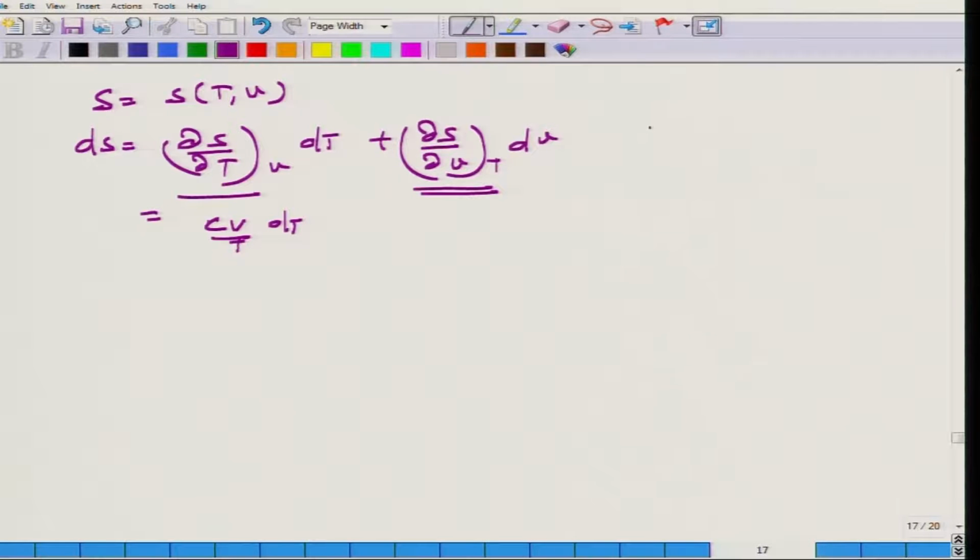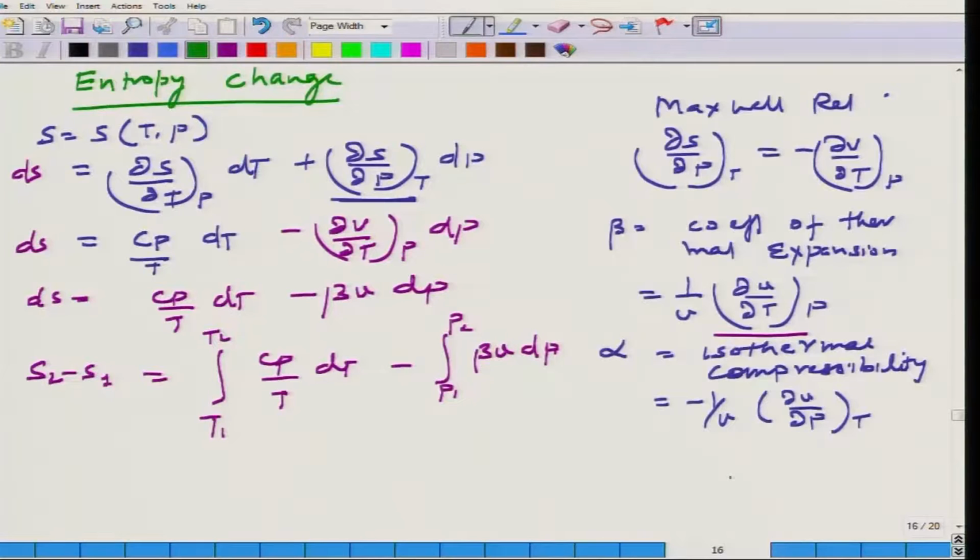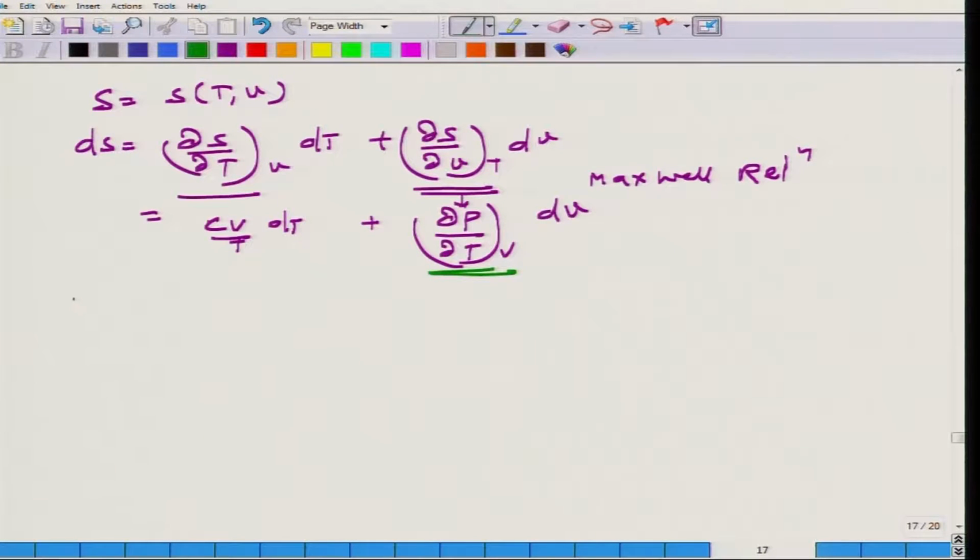Based on the Maxwell relation, this is nothing but your del P by del T at constant volume. So what we are interested in is to connect this expression in terms of either Cp, or isothermal compressibility, or your coefficient of thermal expansion. So we are going to make use of the cyclic relation here. The cyclic relation can be written in this way for the P, T, V variables.